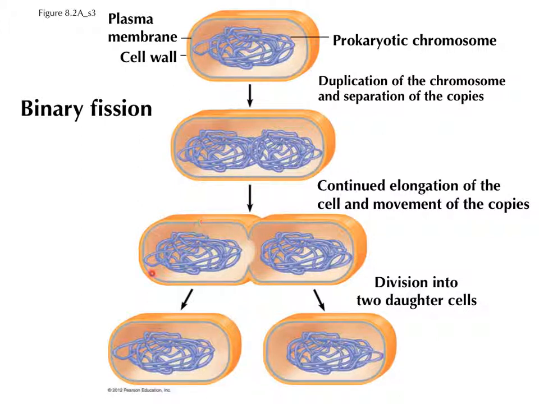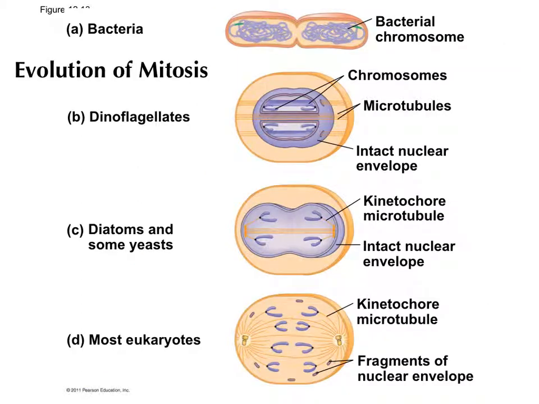And this cell elongates and starts to build a cell wall in between the two full genomes, and eventually that splits in half, and now you have two new prokaryotic cells, in this case bacteria, when you used to just have one. So these are the two daughter cells, the daughter bacteria, and each has a complete genome that's identical to the parent genome.